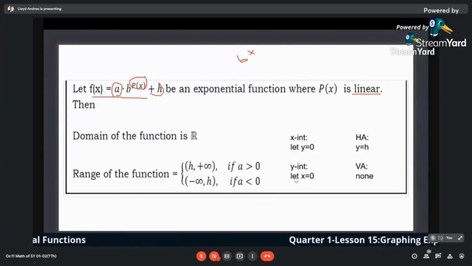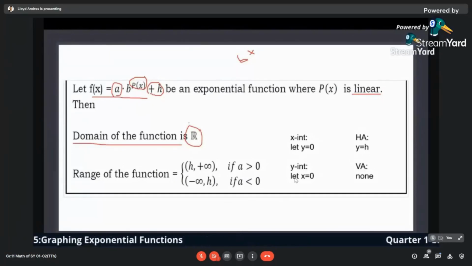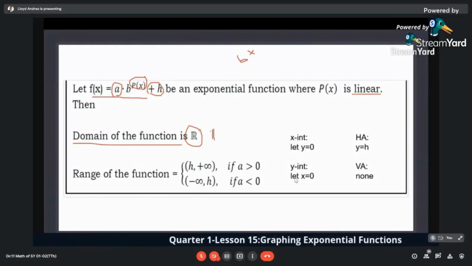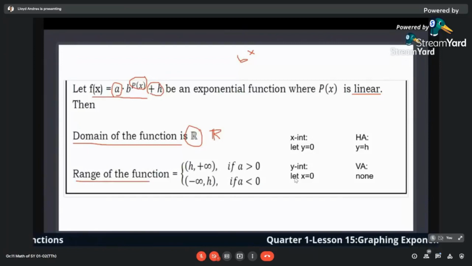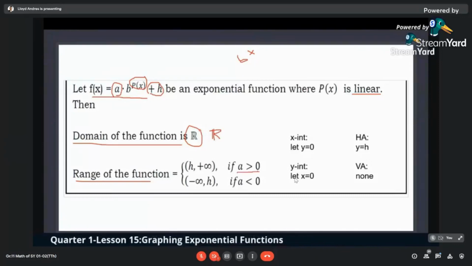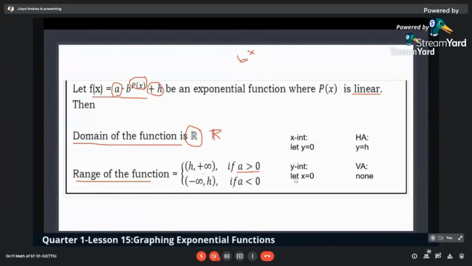The domain of the function is always fixed. For an exponential function, the domain is automatically all real numbers, written in symbol form. For the range, watch the sign of a. If a is greater than 0, positive, the range is from h to positive infinity, where h is the value in your function.